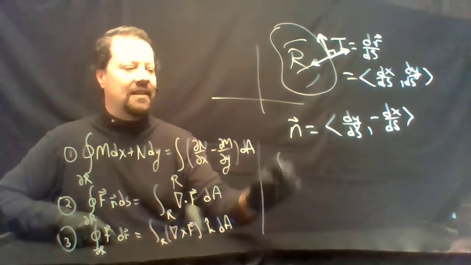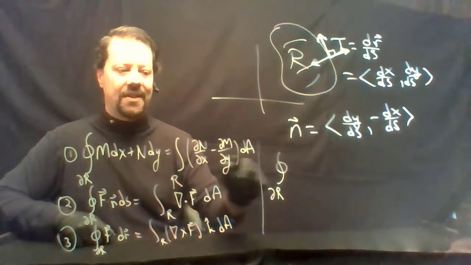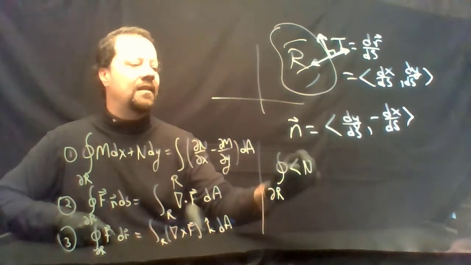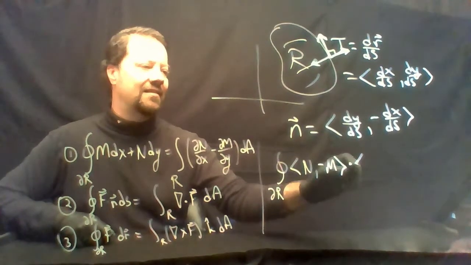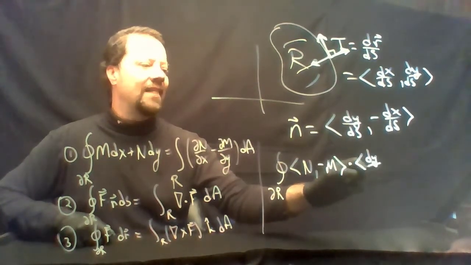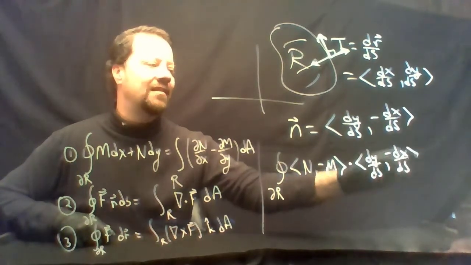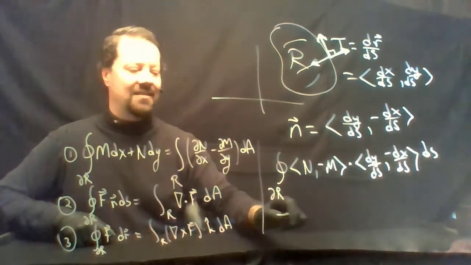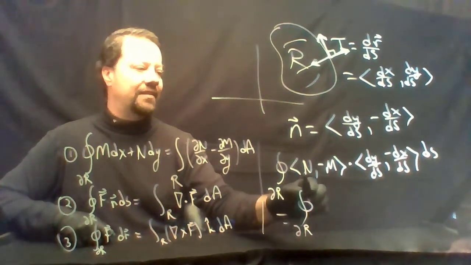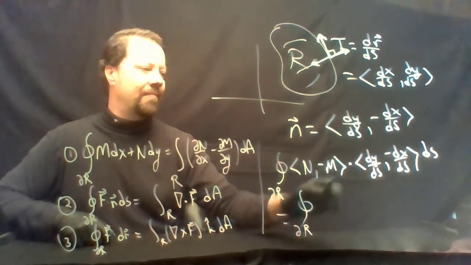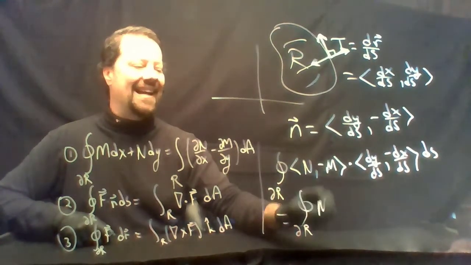Also then, the integral around the boundary of the region of F, which we said was n, minus m, dot n, that's dy ds, minus dx ds, ds, will be the integral around the boundary of R of n dy and then minus m dx.